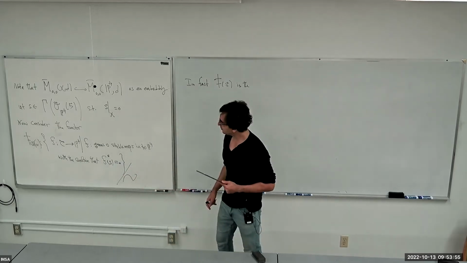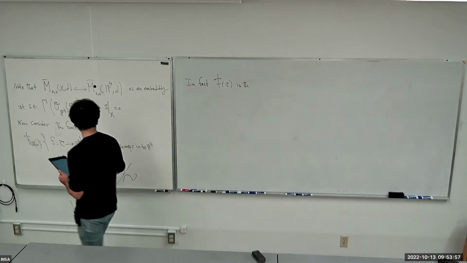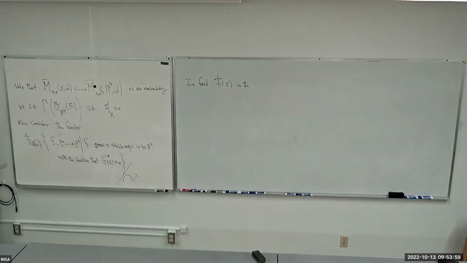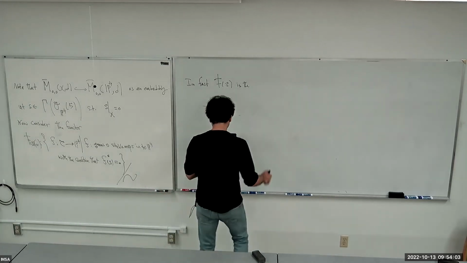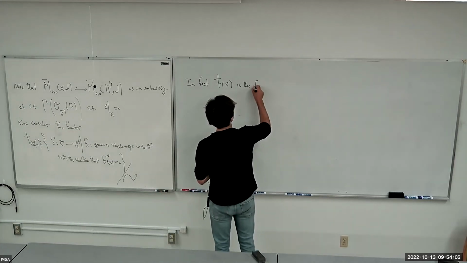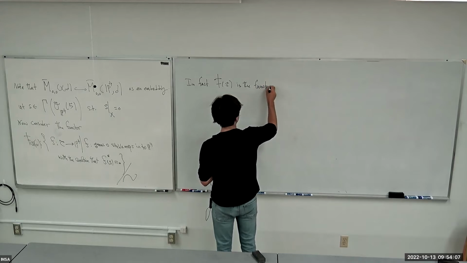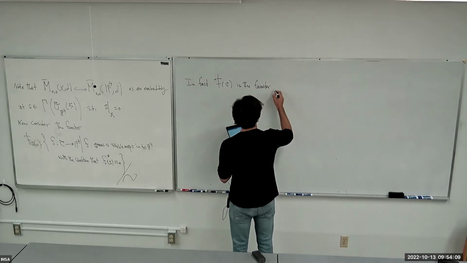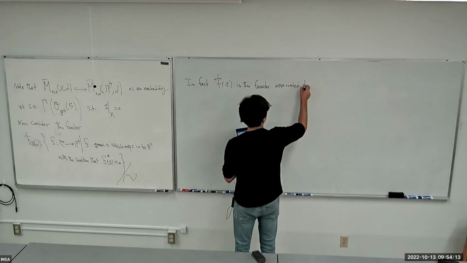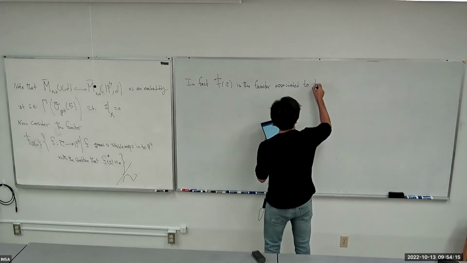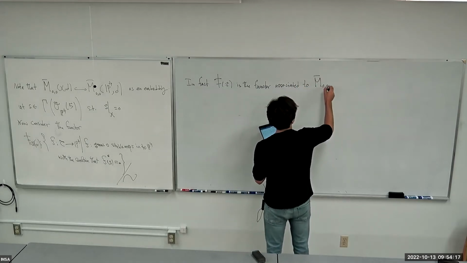So not all of the curves, but the curves that satisfy this property given a section of the line bundle. In fact, F of s is the functor associated to M bar 0,0 of X, D.